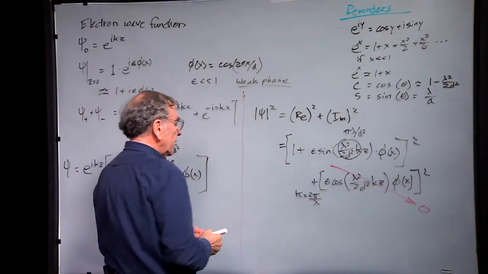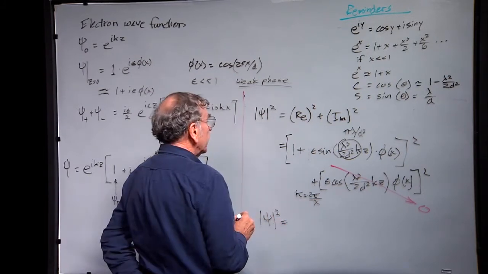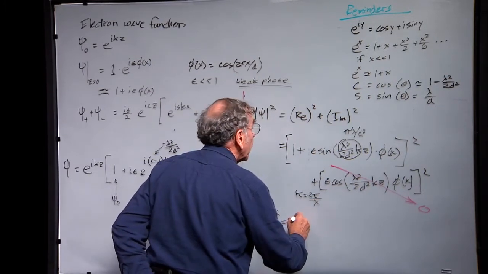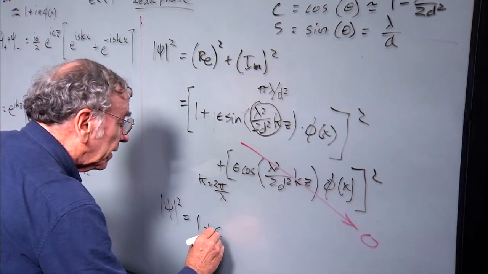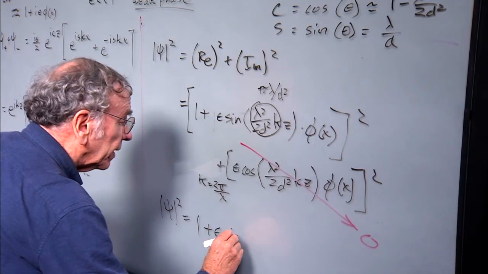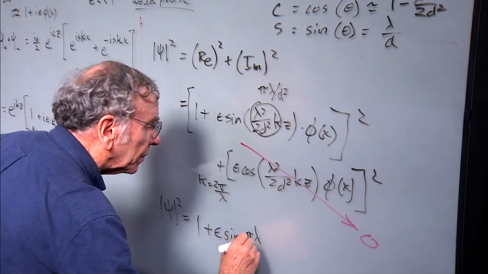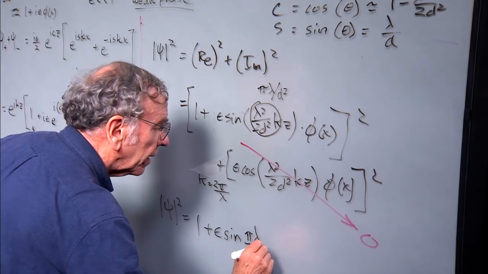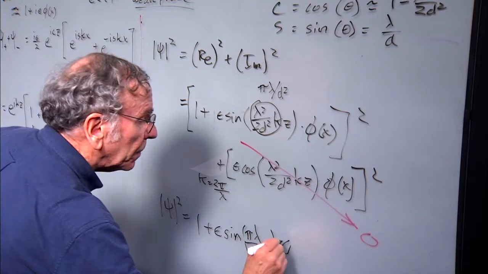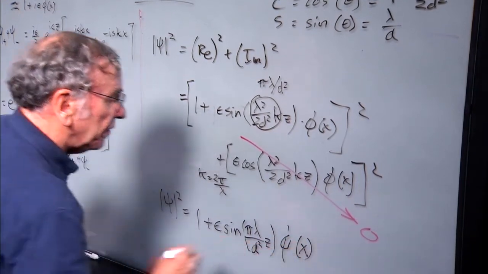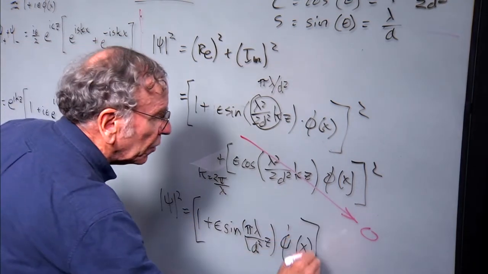So in the end, the magnitude of the wave function squared is equal to 1 plus epsilon sine of pi lambda over d squared all times z times my original phase object phi of x. And we're going to square this.